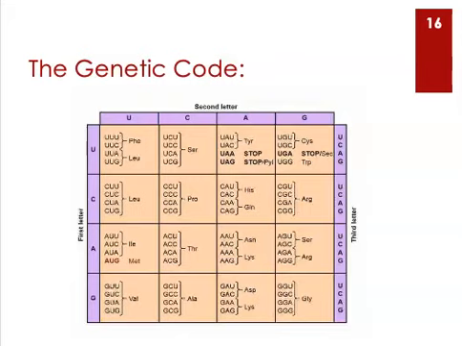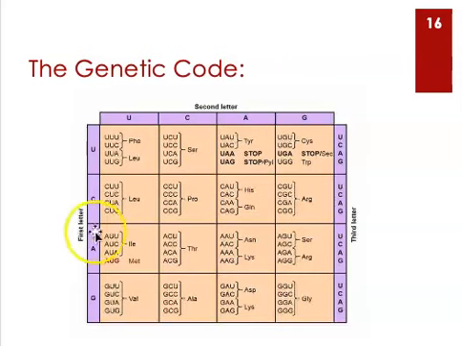On this slide, we can see the genetic code table. You've seen this before. This table shows us every possible combination of 3 bases that can be found in messenger RNA. Remember, there are 4 bases, A, U, G, and C, and the ribosome is going to read them as groups of 3. So we're looking at every possible combination of 3.